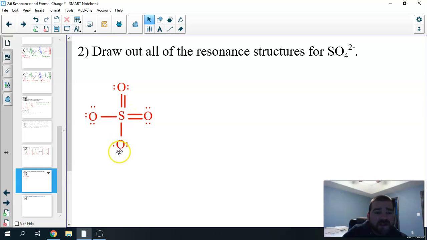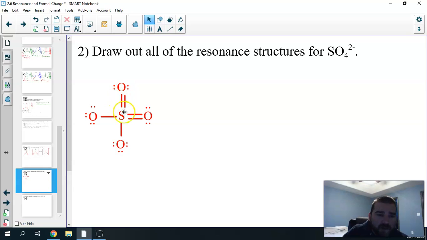In theory, we could add another double bond here, and that would make this oxygen 0, but all that would really do is shift our -1 charge from this oxygen to the sulfur. And because oxygen is more electronegative, we'd like to keep it on the oxygen instead of the sulfur, because the oxygen wants electrons more. So this can hold a 1- formal charge more comfortably than the sulfur can.